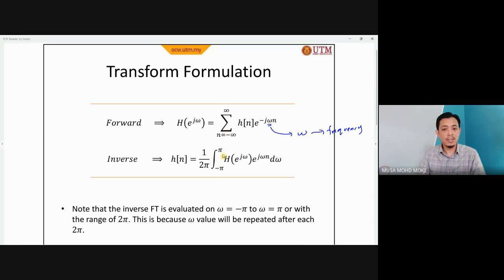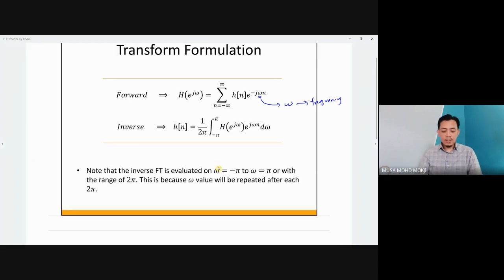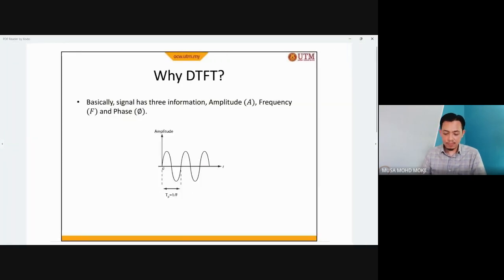Later we will look at some methods that do not involve this integration. Note that the inverse Fourier transform is evaluated for omega from minus pi to pi, a range of 2 pi, because the omega value repeats after each 2 pi. Just ignore that for now.